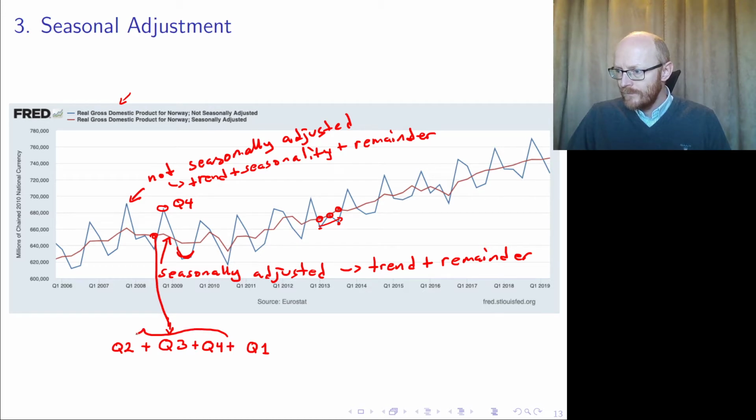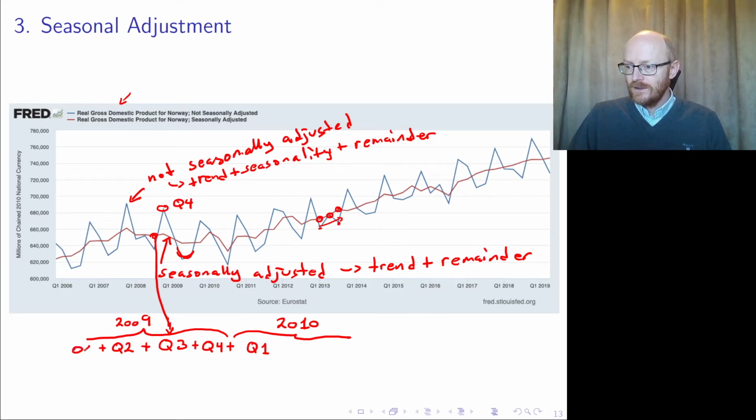These are in 2009, and these values would be 2010. So would you use the first quarter in 2009, or would you use the first quarter in 2010?